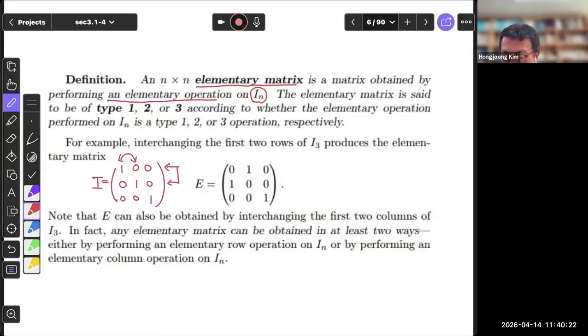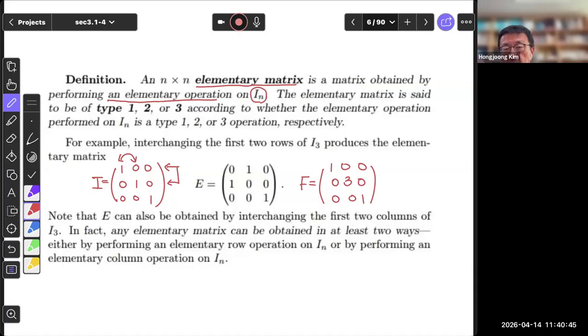Then we get the matrix F obtained from the identity matrix. The first and third rows are not changed, but if I multiply 3 to the second row, the second row becomes this. So this F is an elementary matrix of type 2.